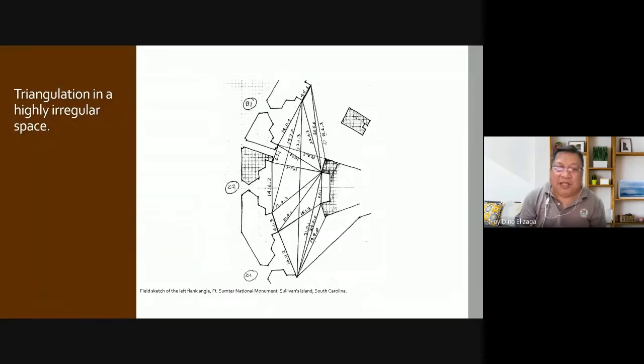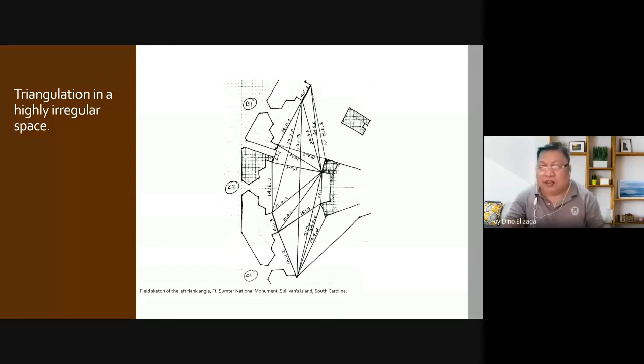It can be as complicated as this also, especially in churches. But you really do need to do a lot of triangulation. I'll also show you my notes next meeting. In Dawis, we were asked to prepare the ground floor of the convent to make it into a museum. After removing everything, we came in and we had to document.